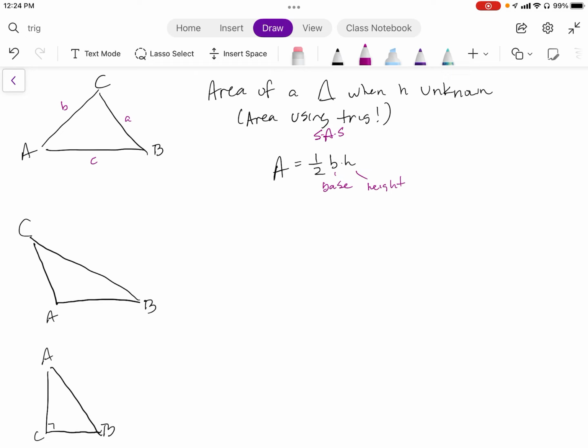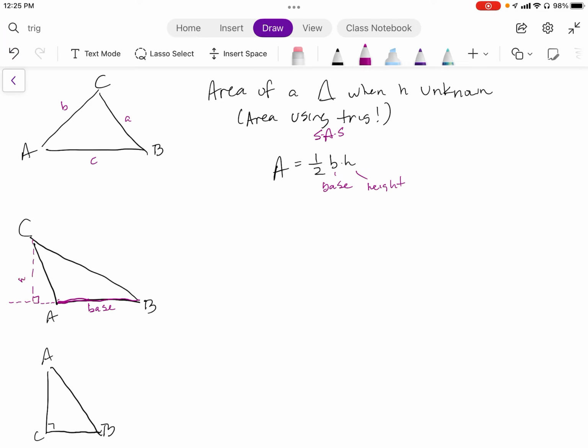For instance, in the obtuse triangle I drew, if you called this side AB the base, to meet the opposite vertex C at a right angle, I cannot draw a line from this base up to C at a right angle. So what we think of is extending this base and then drawing that right angle here.